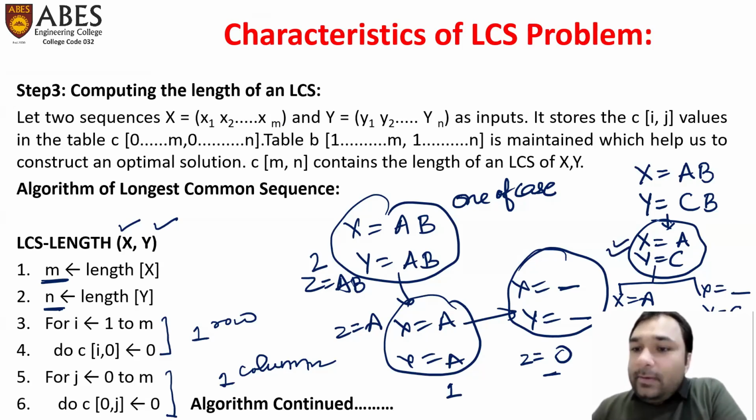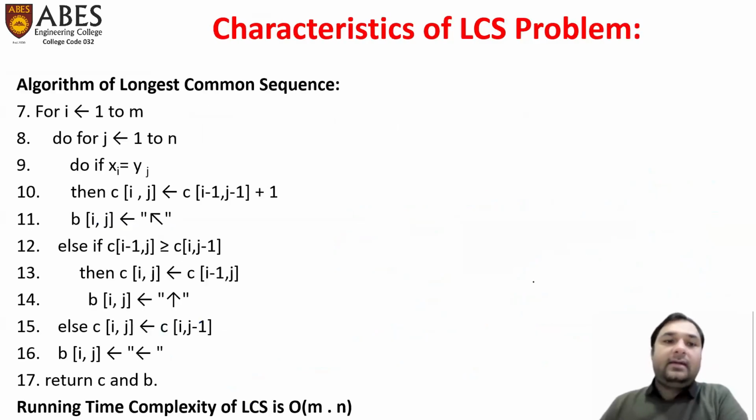Then it will be moved forward to this problem. This is the other case. So what we have done here is, it is i, j minus 1, and i minus 1, j. We are taking a maximum value here.